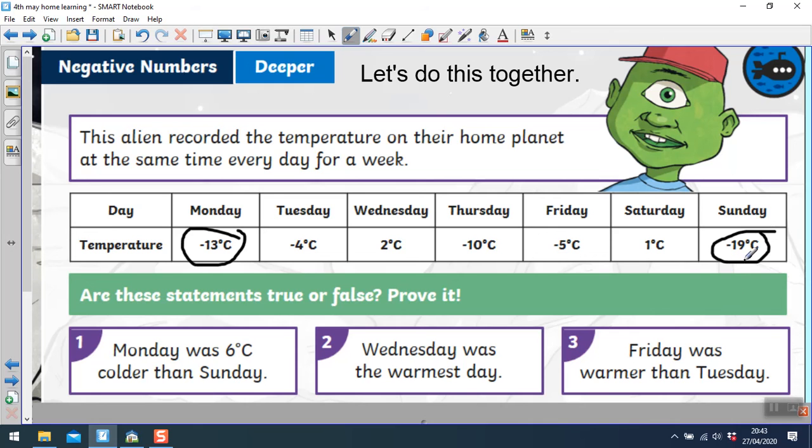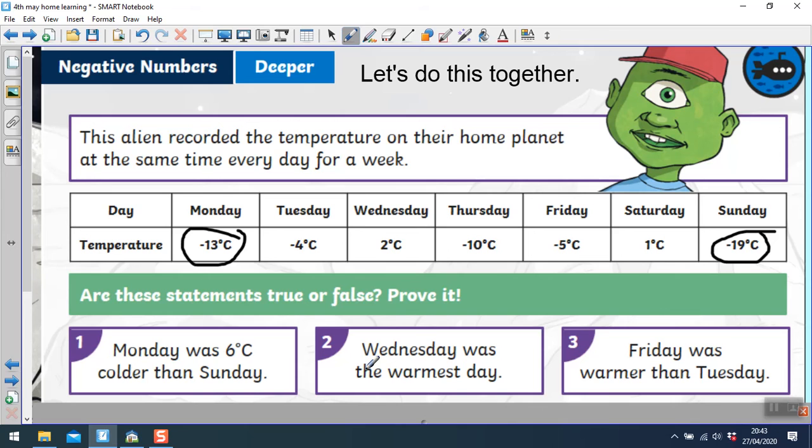So Sunday was negative 19, Monday was negative 13. I know that negative 13 is warmer than negative 19. I know that negative 13 is 6 degrees warmer than negative 19. So this is false. That's saying that Monday is colder than Sunday, but actually Sunday is colder than Monday. Sunday is 6 degrees colder than Monday.